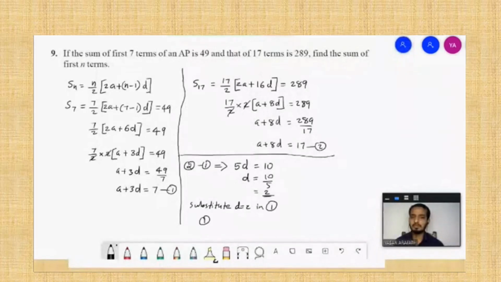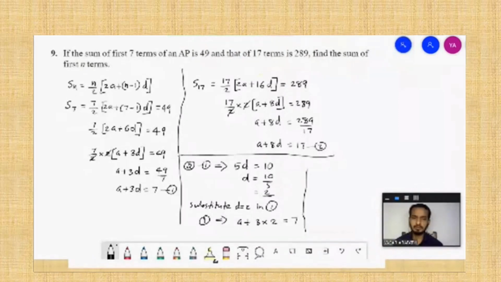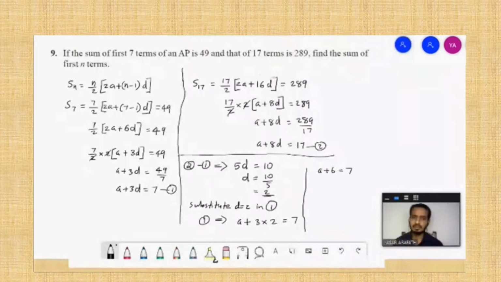So 1 becomes a plus 3d, means 3 into 2, d is 2. A plus 3 into 2 is equal to 7. So in next step, it will become a plus 6 is equal to 7. So next step, a is equal to 7 minus 6, that is equal to 1.